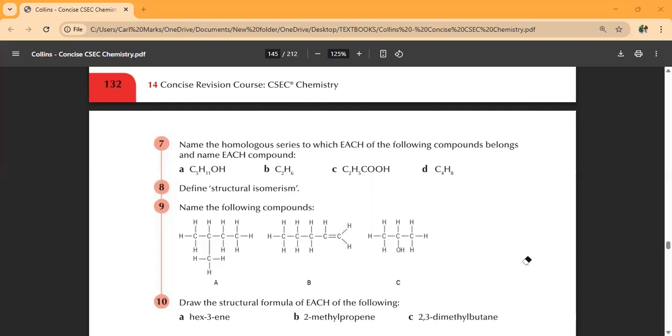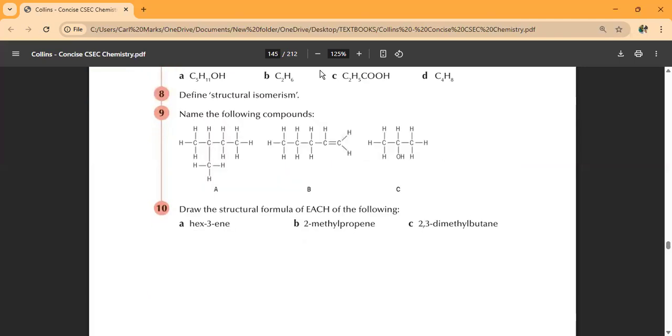Yes, girls, so draw these structures for me, 10A, B, and C. See if you can draw them. For hex-3-ene, or you could have written this C as prop-2-anol, I think that's the prescribed way.